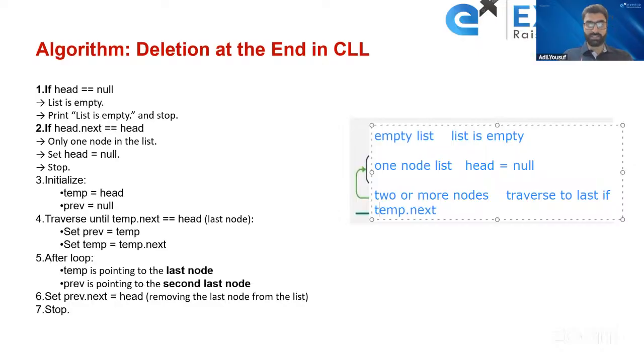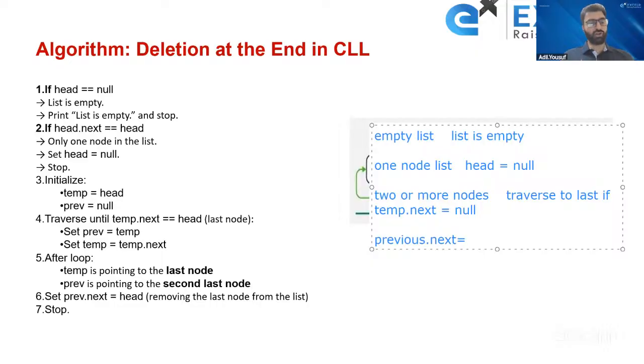If temp dot next is null, it means it is the last node. Then I have to update. How do I update? Simply previous dot next is equivalent to what? Can anyone write?